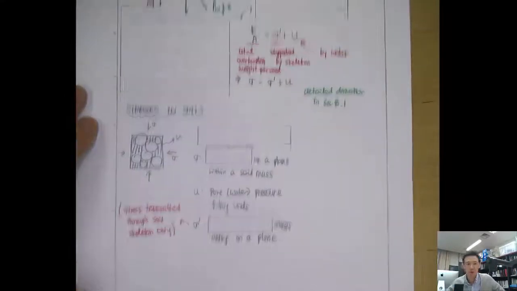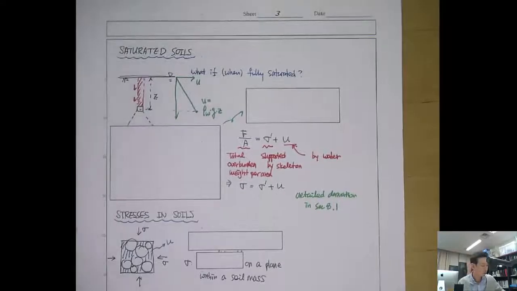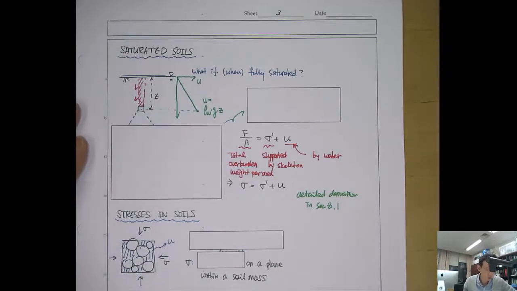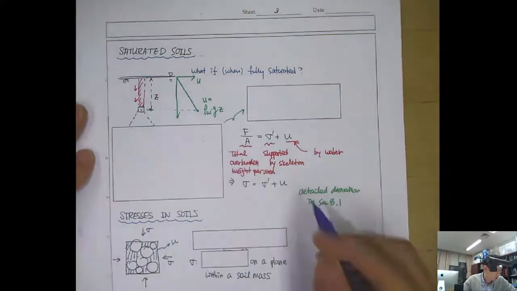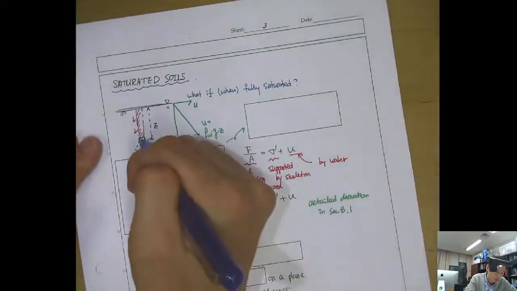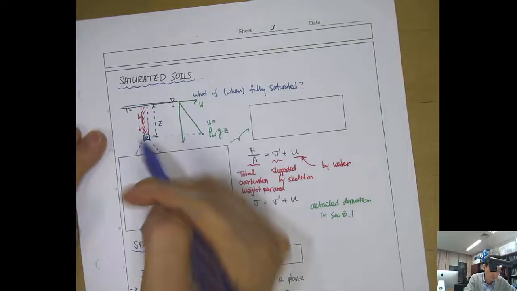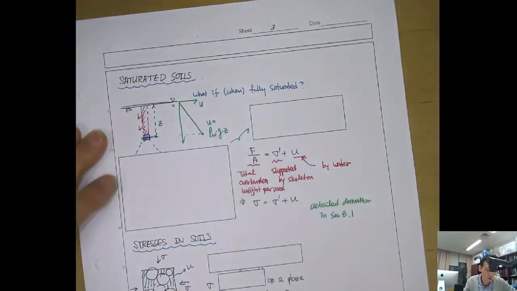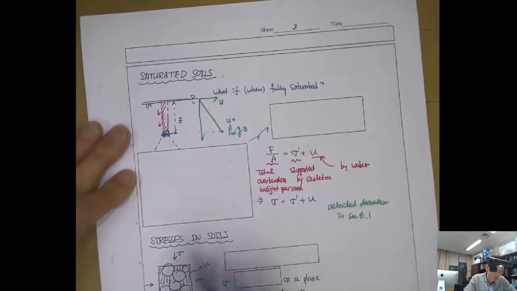Then what will happen when the soil has some fluid? So let's think about the saturated case. If you zoom in, we are looking at the effective stress at a depth of z.